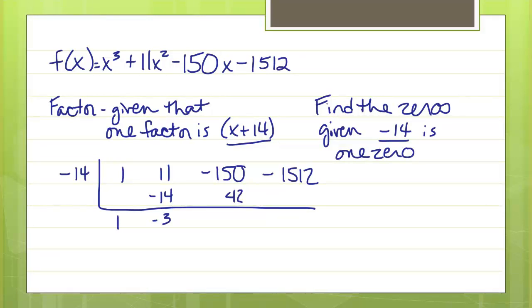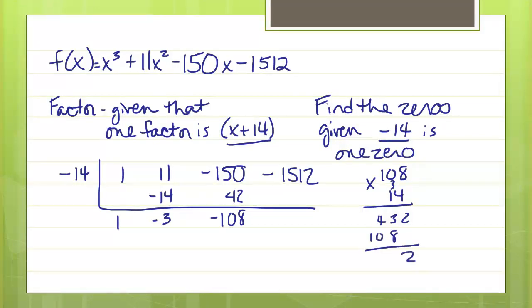Let's see, 42, so it'd be negative 108. I'm going to do this math off to the side. 108 times 14. Oh look, conveniently it's 1512. I knew that because it said I could factor it. If it was going to be factorable, I'm going to get a 0 here. That meant that my original thing was factorable.